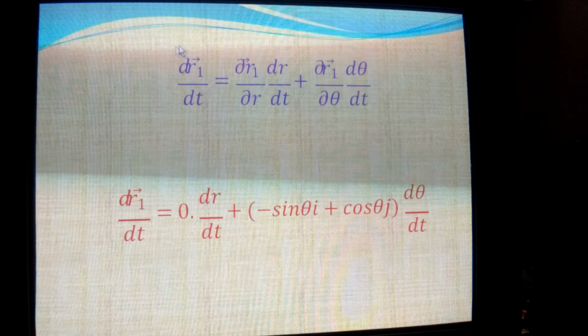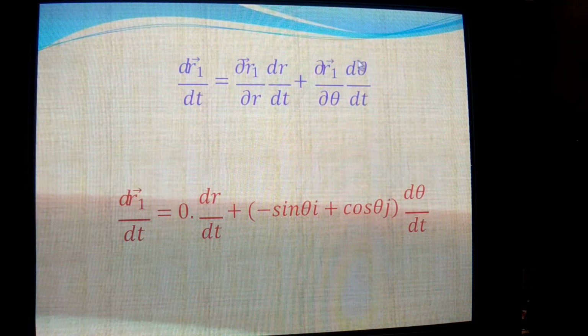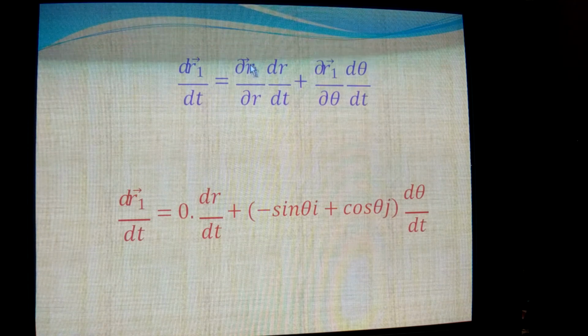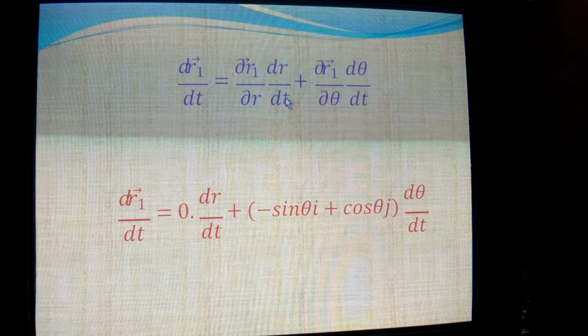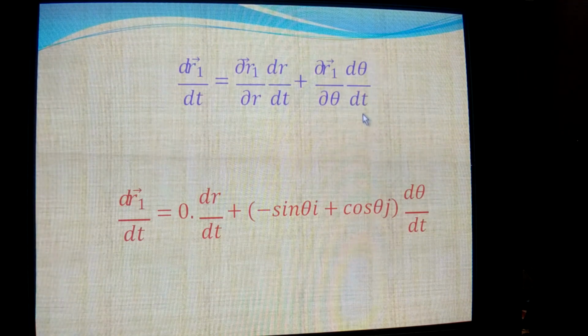So this is a total derivative. Why do we use the total derivative? Because when a function is a function of more than one variable, we use the total derivative formula. So dr1 bar by dt is equal to dou r1 bar by dou r, then dr by dt, plus dou r1 bar by dou theta, then d theta by dt.